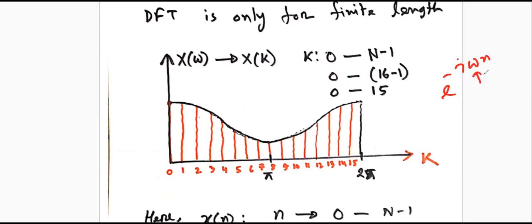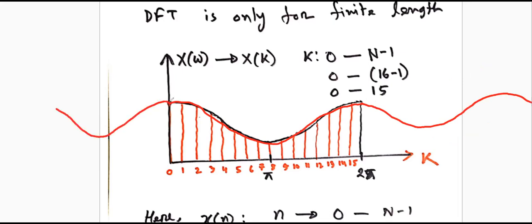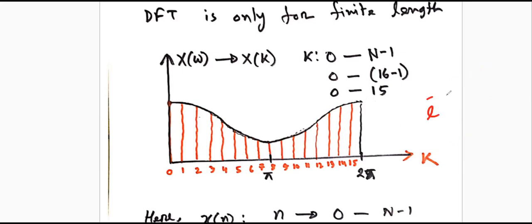That is a function of omega, and this omega is a periodic function, which has the period from 0 to twice pi. So that's why this function is a periodic function. You have the first lobe, now you have the second lobe, and it will move to the negative direction and the positive direction as well.